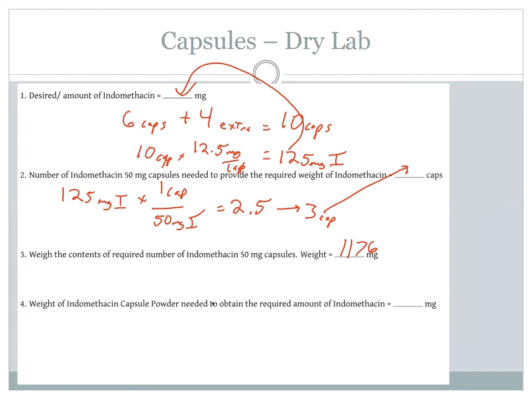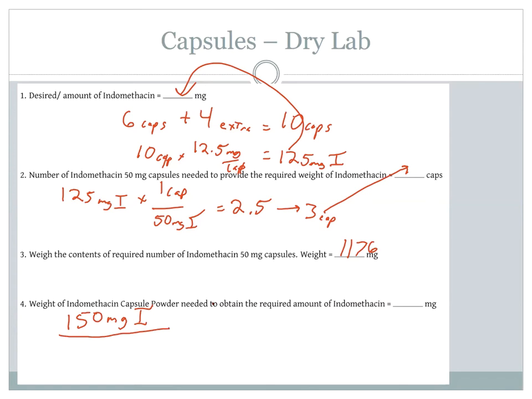We need to set up a proportion of how much indomethacin is contained in that amount of powder. So let's do that. We just said there were 3 50 milligram capsules. So would you agree that there is 150 milligrams of indomethacin, capital I, contained in what?